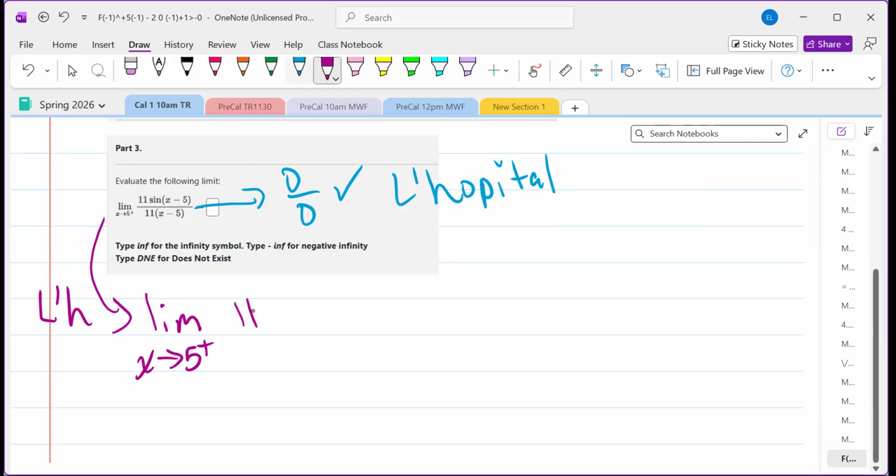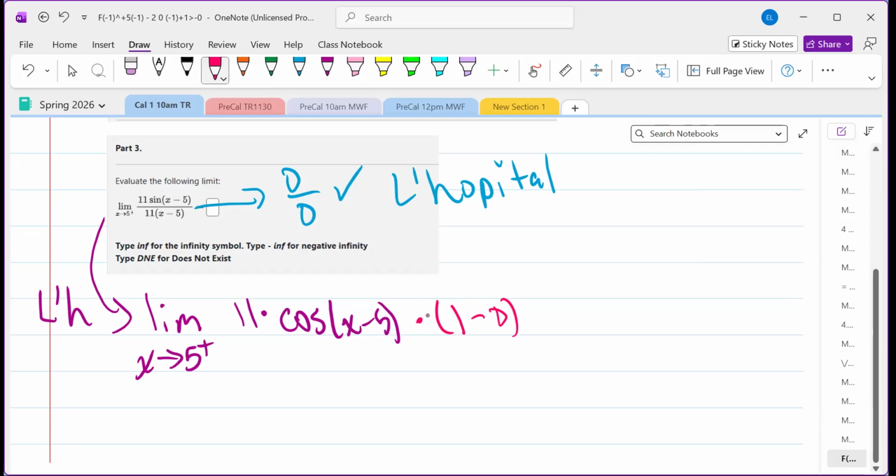On top, that will be 11 times the derivative of sine, which is cosine of whatever was inside. And then technically, there's times the derivative of the inside. The derivative of x is 1 minus the derivative of 5 as a constant is 0.